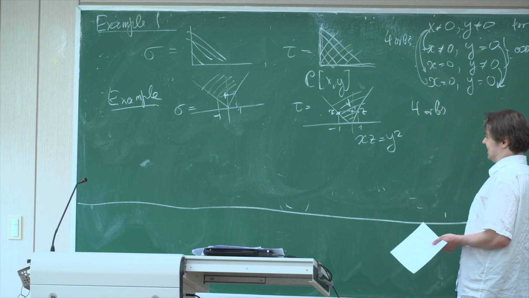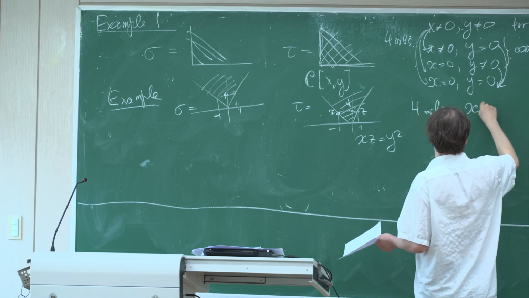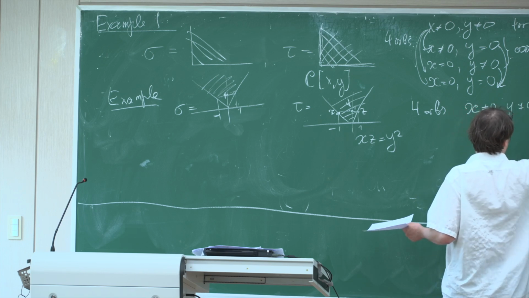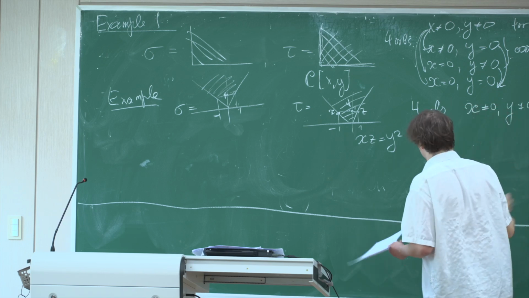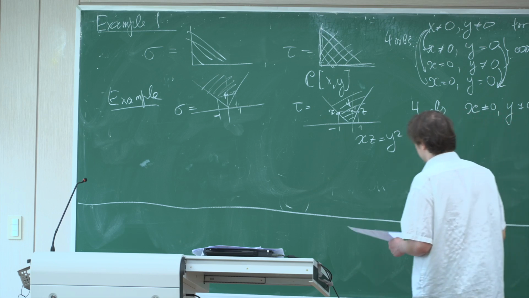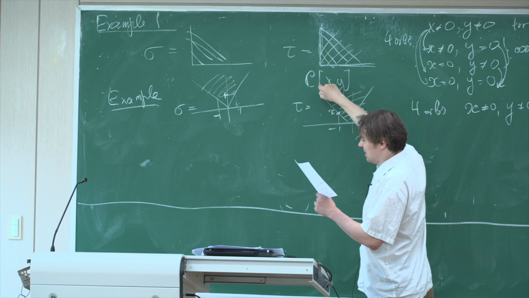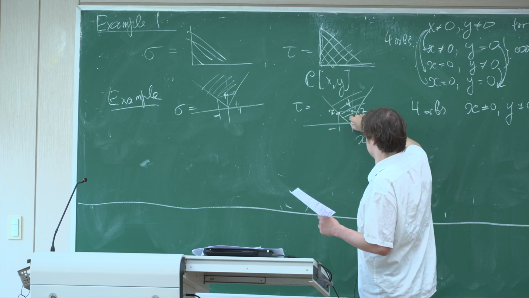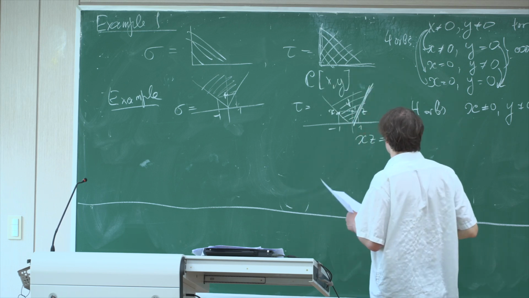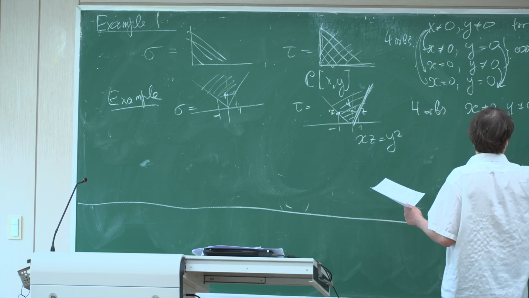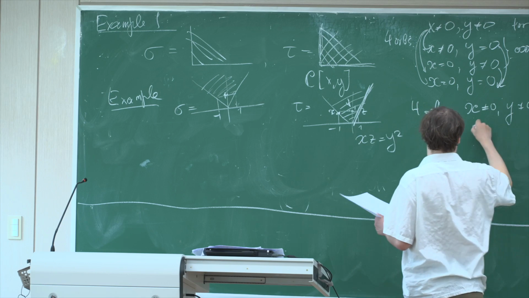The first one is non-zero everywhere, meaning x is not zero, y is not zero, z is not zero. This is the torus. Then we can have non-zero values here, meaning z is not zero and x and y are zeros.